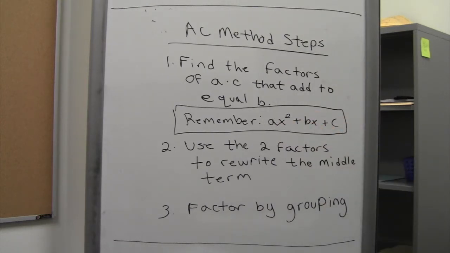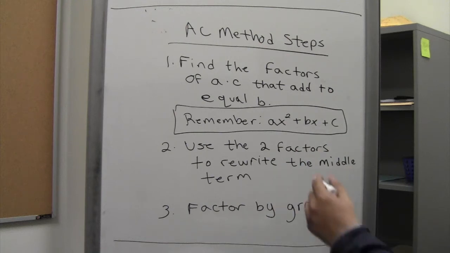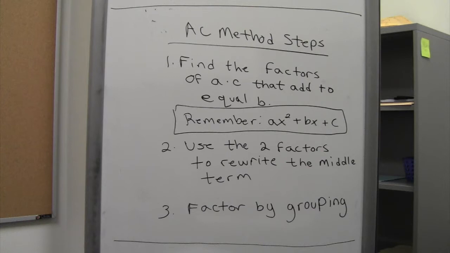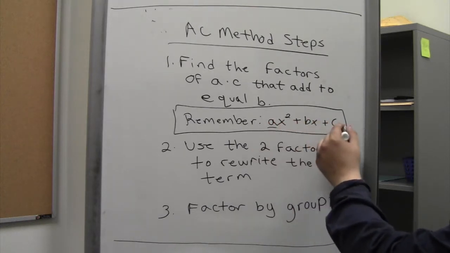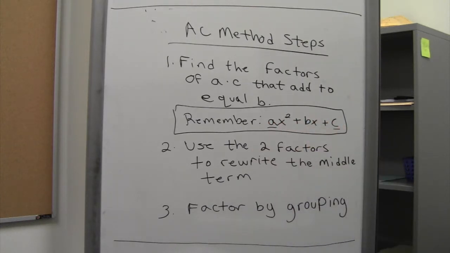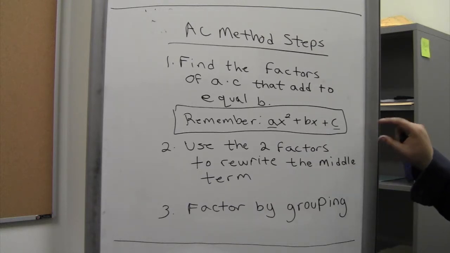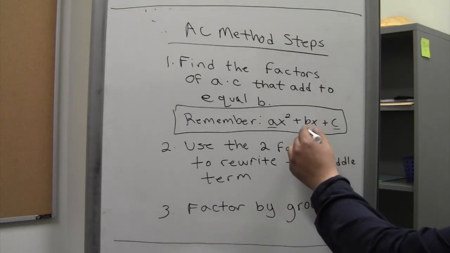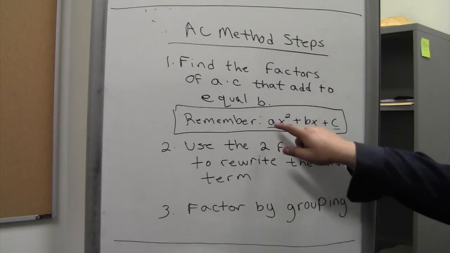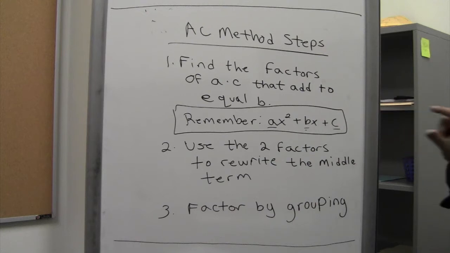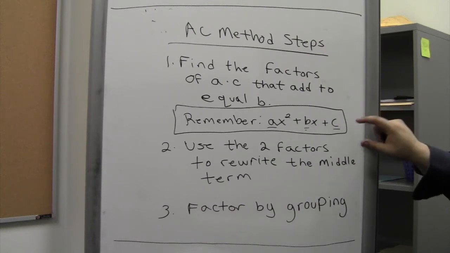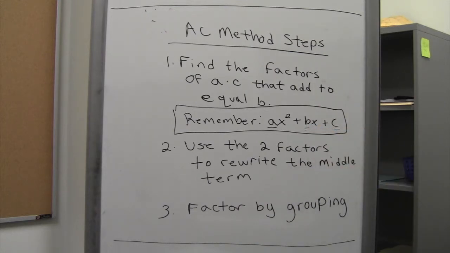Now what I'm talking about here is the form of the trinomials that we're factoring. So we're going to take a times c, multiply that together. We're going to get some number, and whatever that number is, we need to find two factors of it which we add together to get b. Okay? So a times c gives us a number. Find the factors of a times c and pick the pair in which the sum of those equals b.